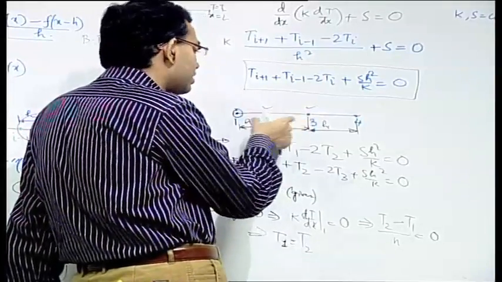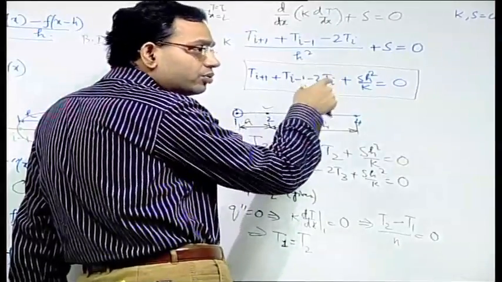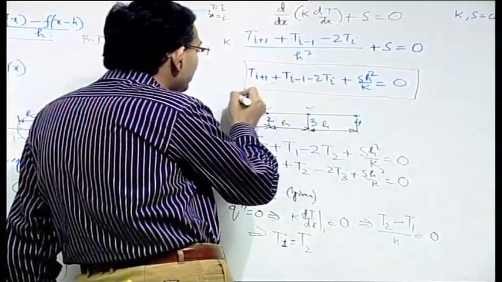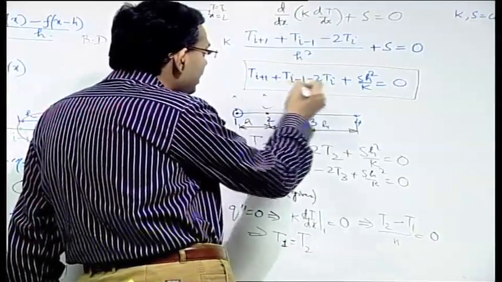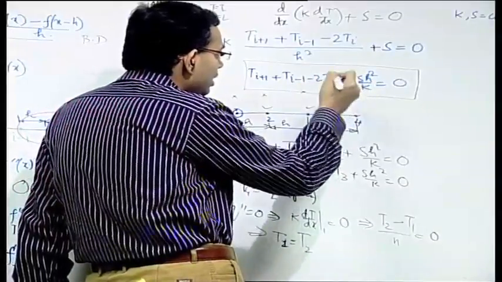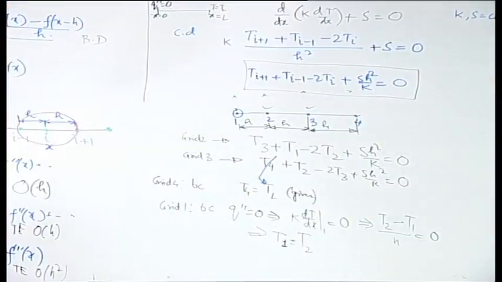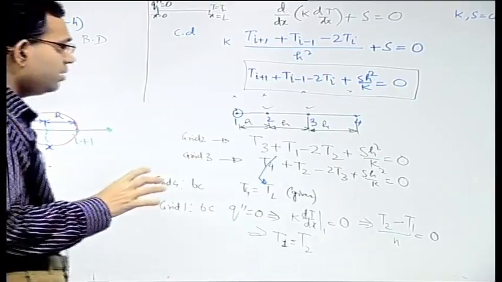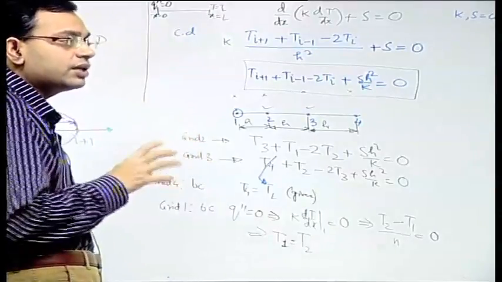It just gives you the values of temperature at discrete points, and you can join them smoothly or by piecewise straight lines, it is up to you. So, this is the basic implementation philosophy of the finite difference method.